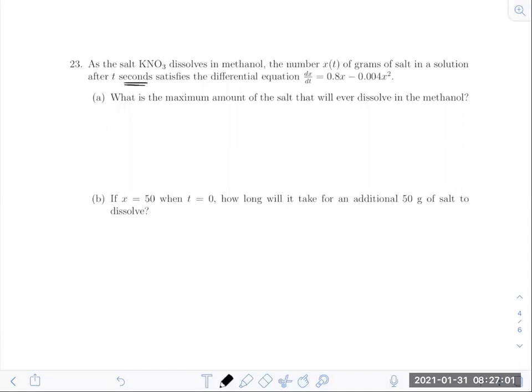So I'm just going to make a note here that the max occurs when the derivative is equal to 0. So I'm just going to take that right-hand side and set it equal to 0.